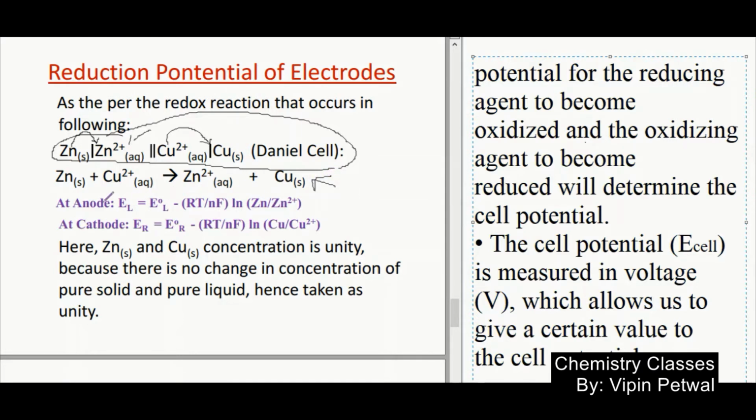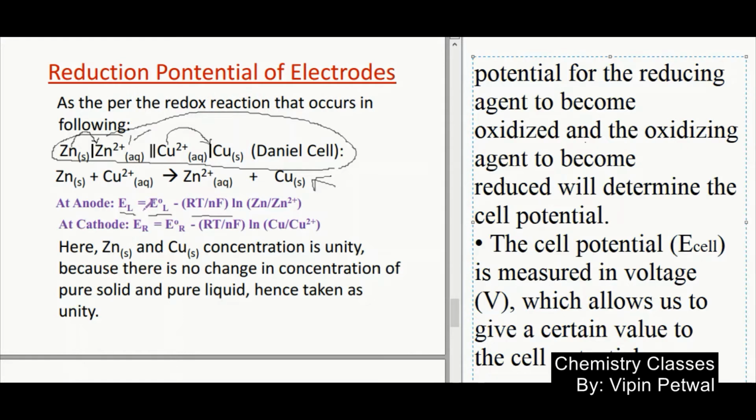Okay, now at anode which was the left half cell, okay, EL, this can be determined E naught L minus this. What was EL? EL means electrode potential of left electrode, and left electrode was zinc.